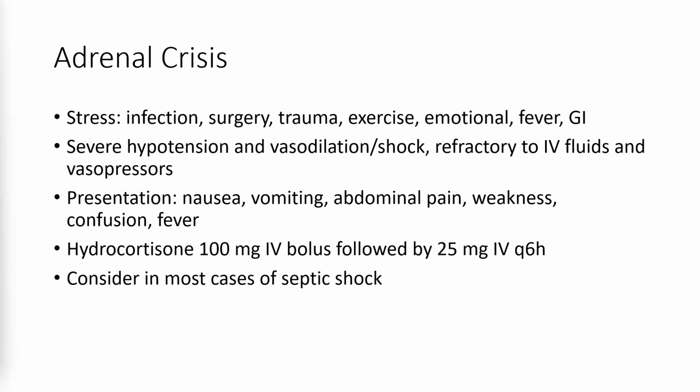When I worked in the ICU in residency, after about 1 day, if the patient was not improving with fluids and vasopressors, we started them on hydrocortisone 100 milligrams IV about every 8 hours to see if that would improve things. That is all we have for the lecture part.